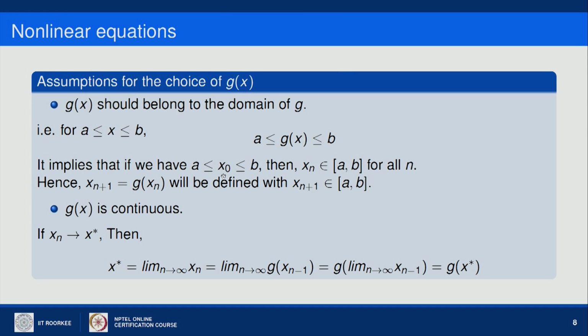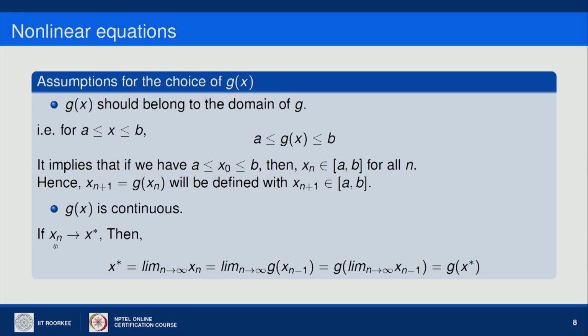If we have an x naught between a and b, then for all n, x n should lie in the closed interval a to b, because x n plus 1 equals g of x n, and hence x n plus 1 should be defined in the closed interval a to b, and it can happen only when the range of g is between a and b. The other assumption is that g should be a continuous function.